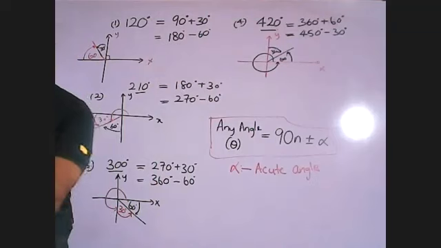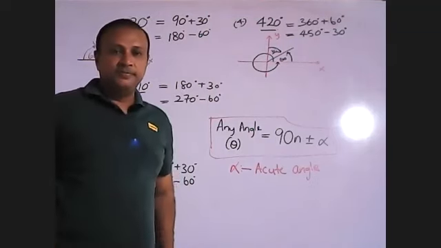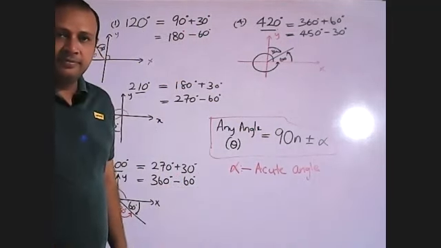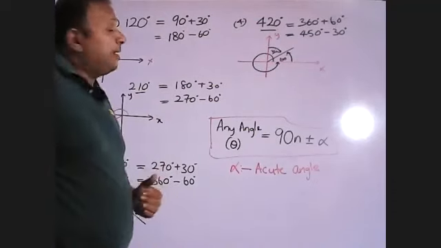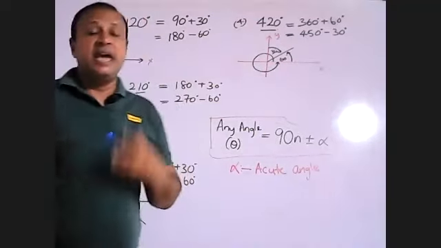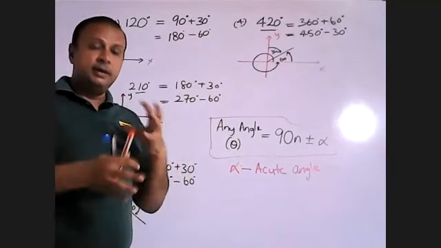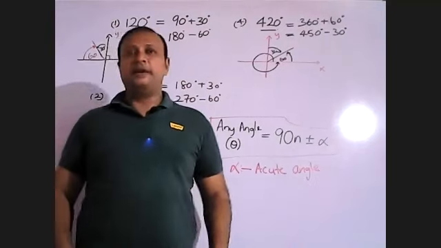Do you get my points? Thank you. Others? Thank you. Okay. Therefore, any angle can be represented as an addition or subtraction between an acute angle and integral multiplication of 90.